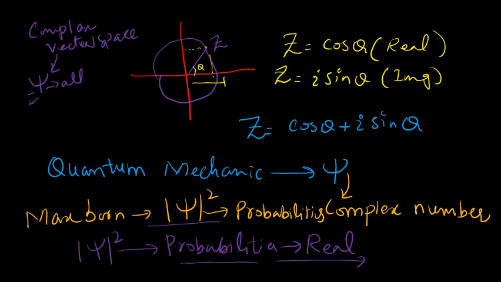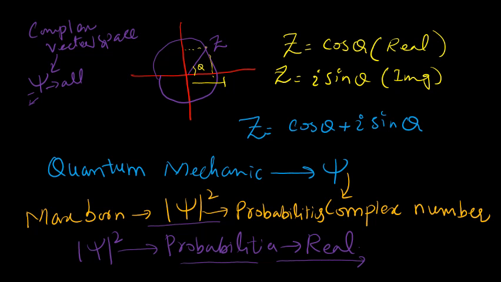In any vector space, we have objects called vectors that can be added together. In a complex vector space, a vector can be multiplied by a complex number and is still a vector. So it is useful to think of psi as a vector in some complex vector space.